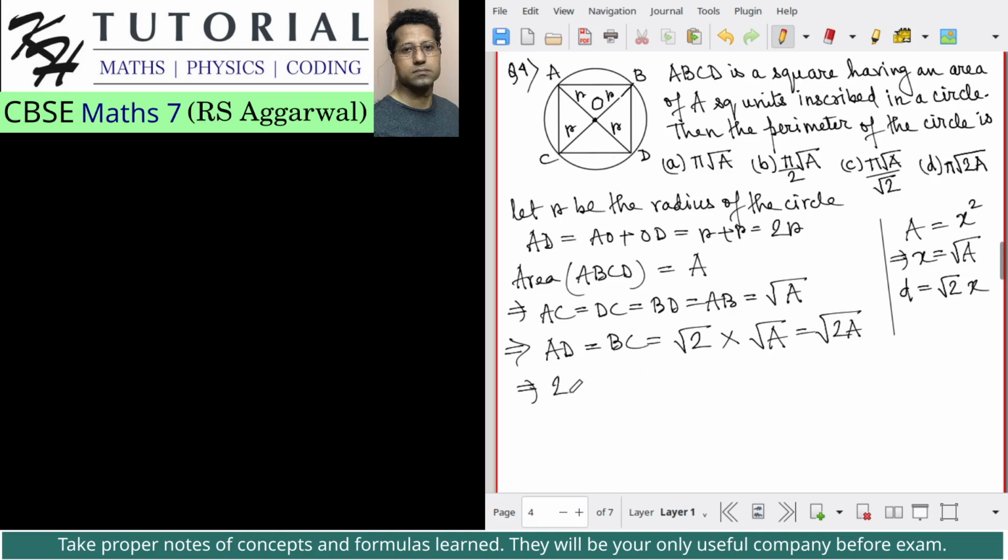So we have twice R is equal to square root of 2A.